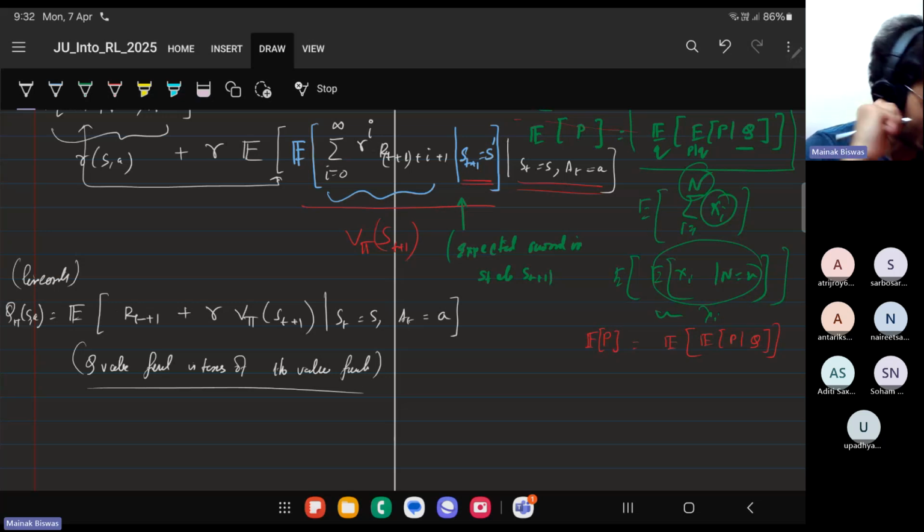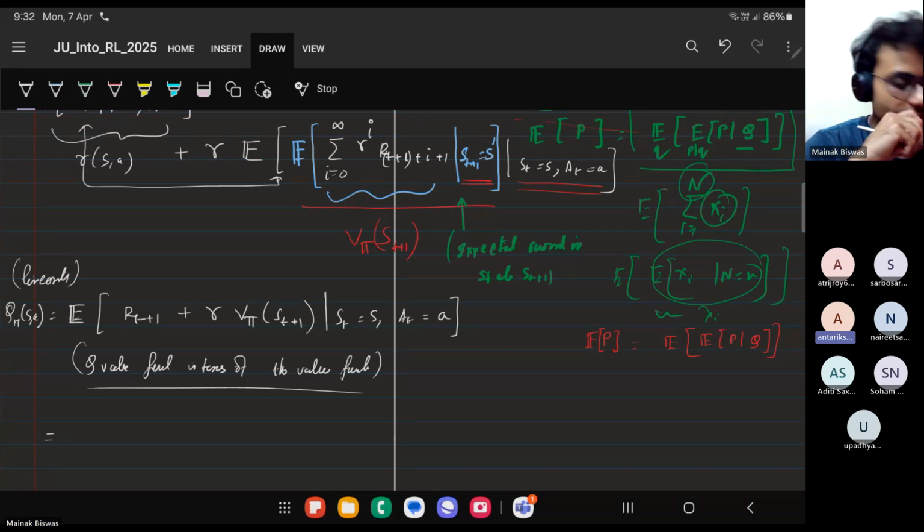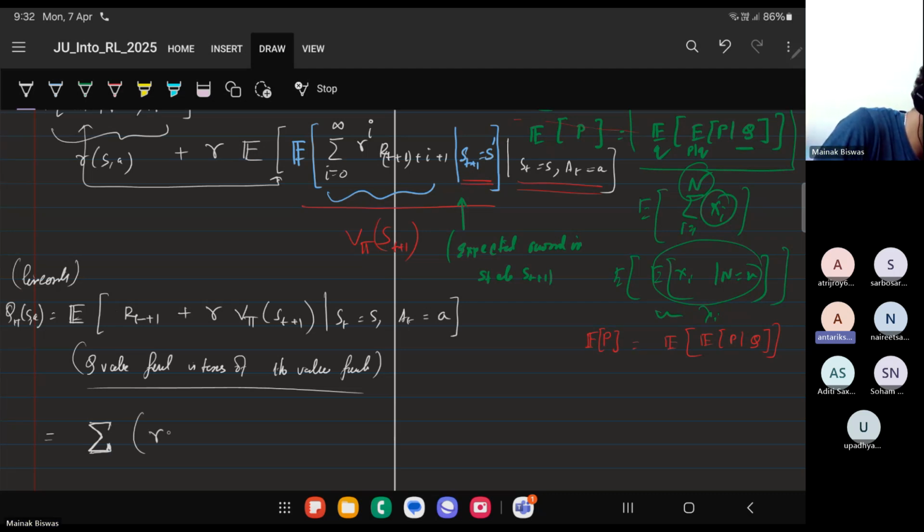Okay, so can anyone tell me how to write this down in terms of LOTUS? The expectation of RT plus 1 given ST equal to S, AT equal to A, plus gamma into the expectation of V pi. I'm just saying the same thing.